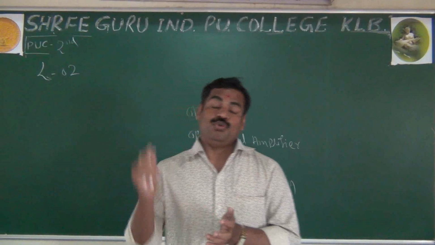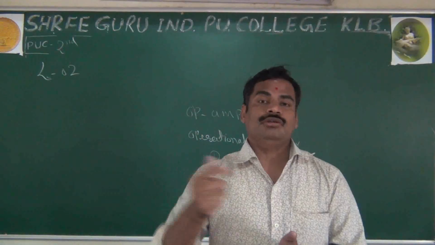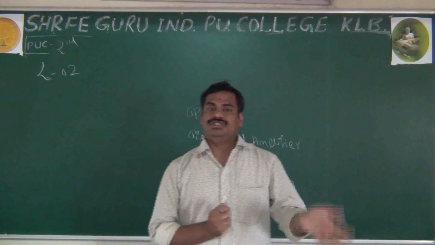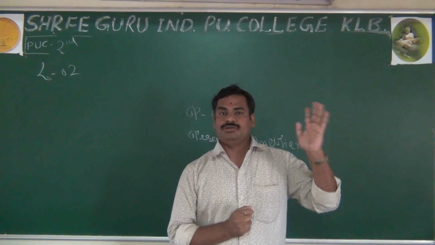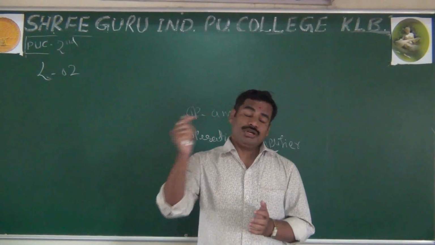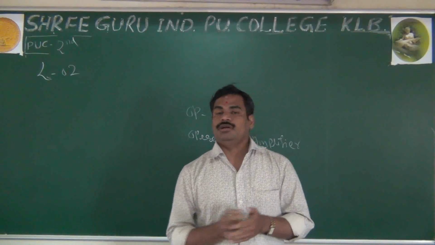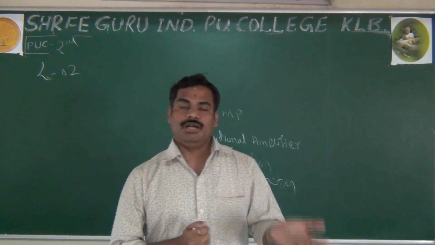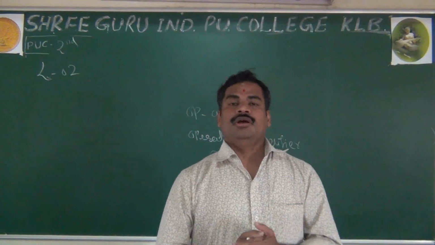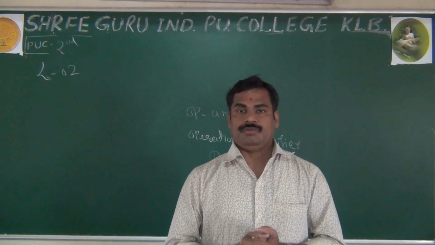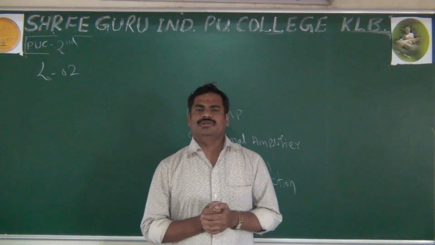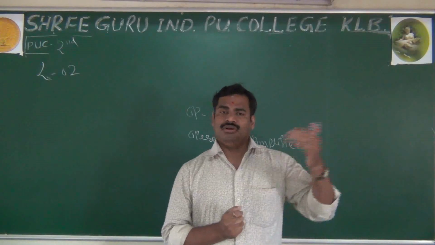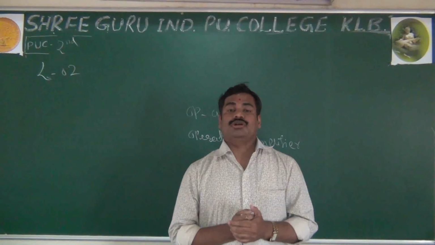That answers why it is called an op amp. What is an op amp? It is a directly coupled, high gain, high input impedance, low output impedance, negative feedback amplifier. This is why it is called an op amp and what an op amp is.